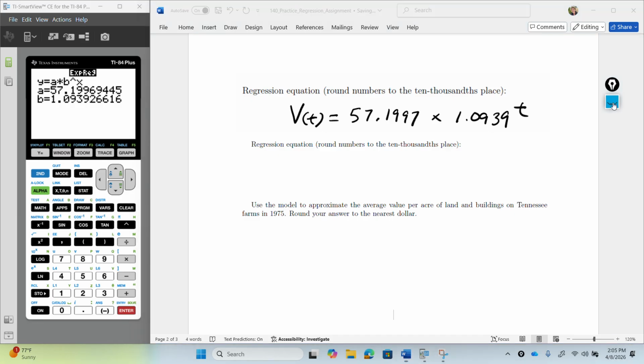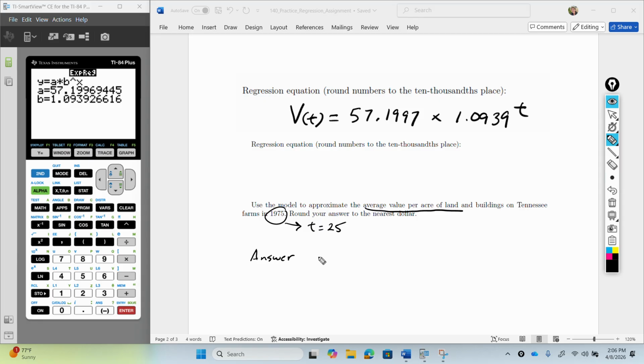So that's telling you that t is equal to 25. So the average value per acre of land at the year 1975 is going to be my formula V evaluated at 25. Now there's two ways you can do this. It says to use the model.